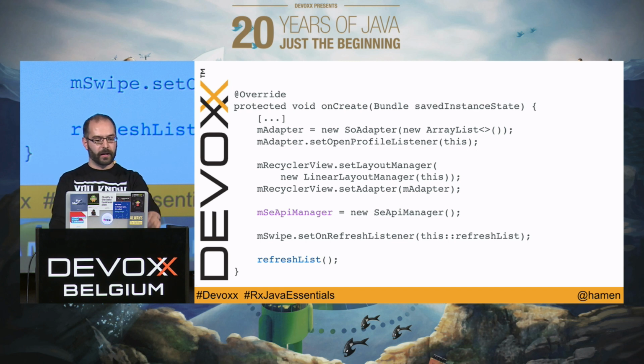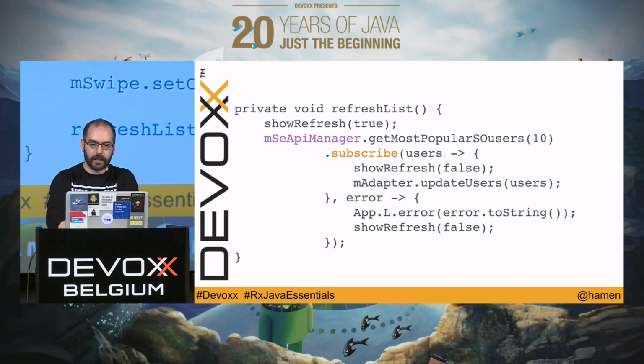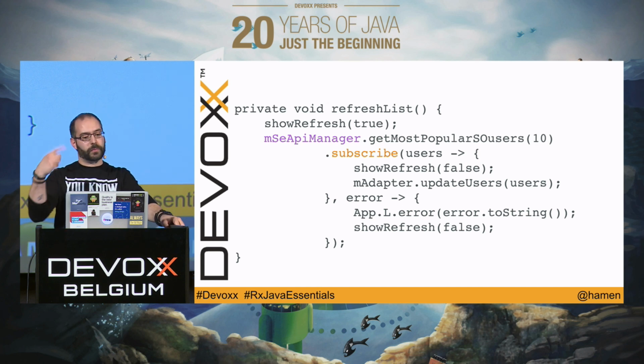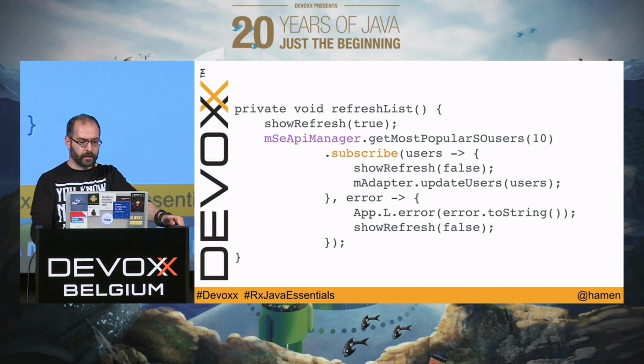So we have our adapter, the RecyclerView, we have the API manager, and we have this refreshList function that basically starts the progress bar, asks for the 10 most popular users, and when the data comes in, stops the progress bar and populates the list. If something goes wrong, stop the progress bar and print an error on the logcat.